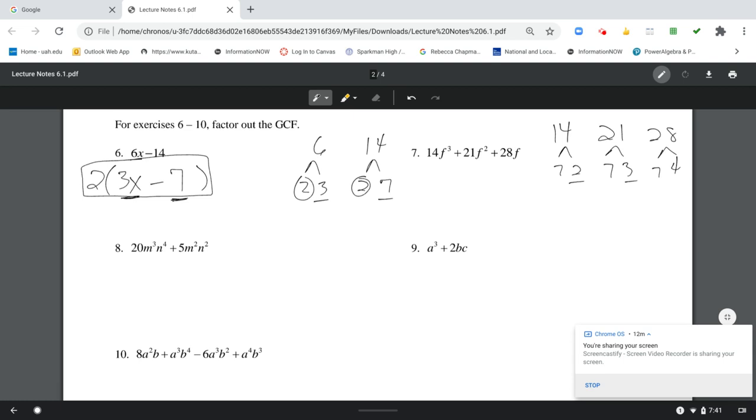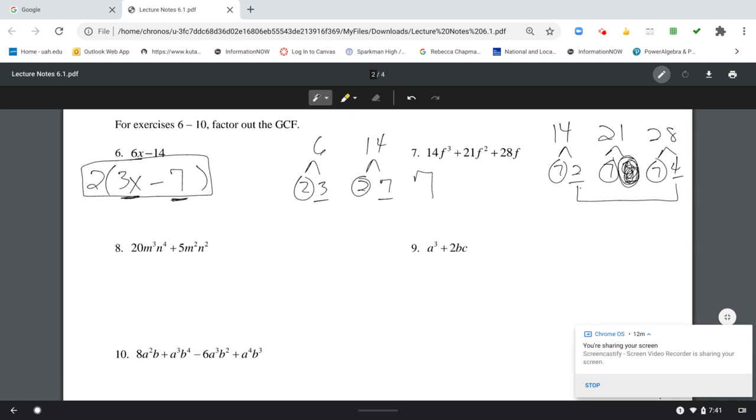Now, 2, 3, and 4 do not have anything in common. I know that these two have a 2 in common, but this one does not. So I cannot bring along a 2. That 2 has to be involved in all 3 of those bigger numbers, or you can't use it.